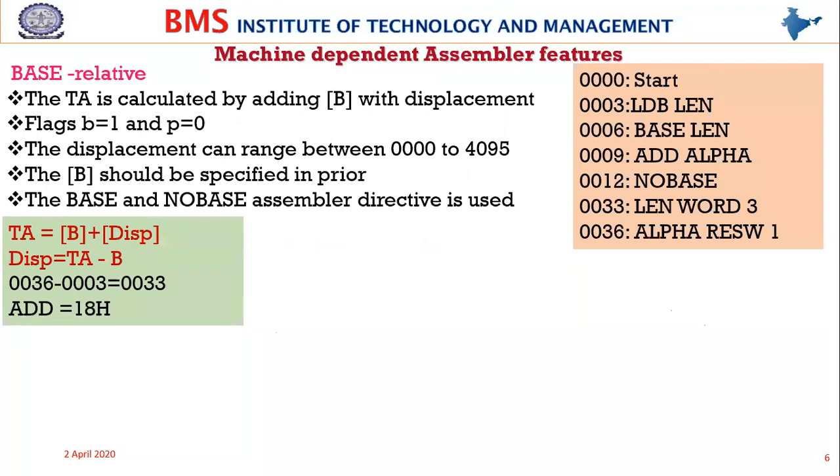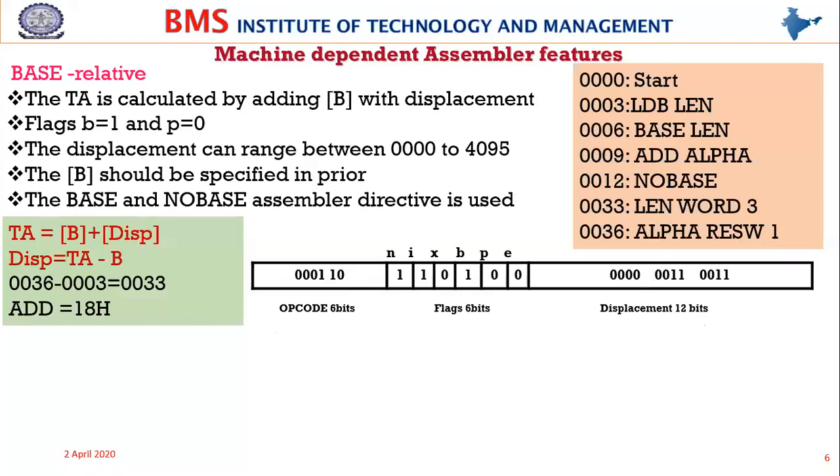And our code for ADD is 18 hexa. Now again, 1 is represented as 000001 and 8 is represented as 1000, because 8 is 1 followed by 3 zeros. You're going to be truncating the last 2 zeros. This is the implementation.